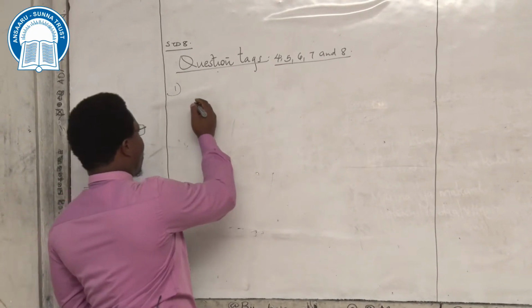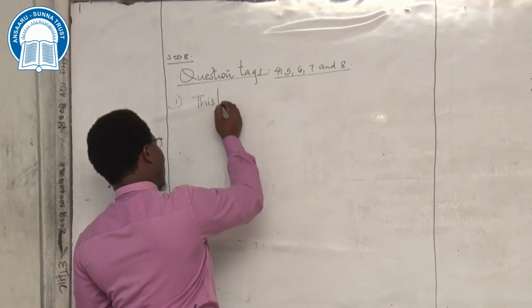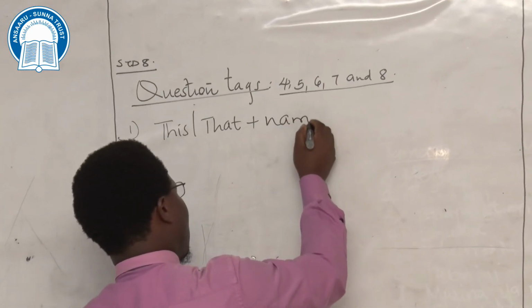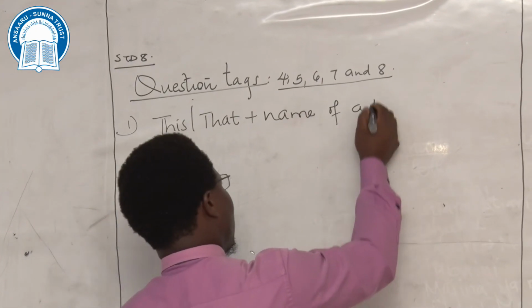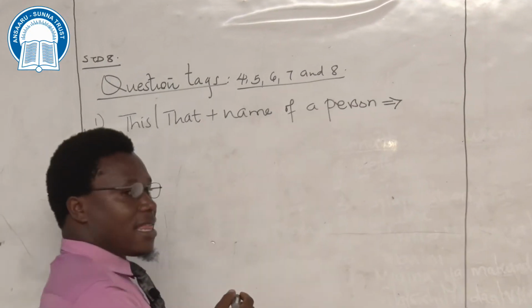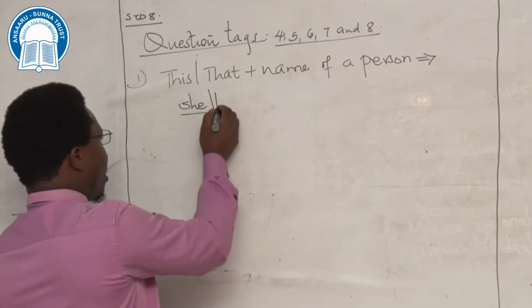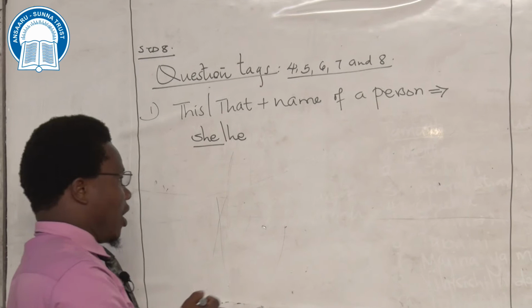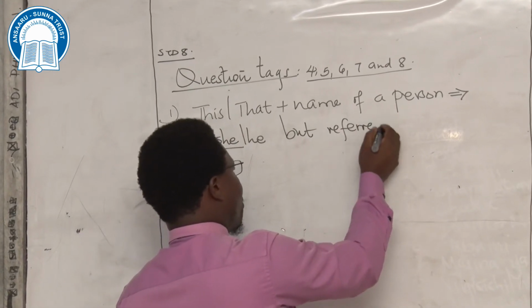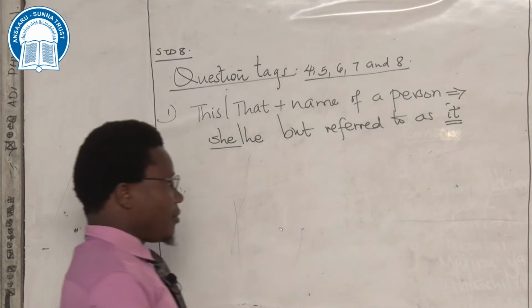One, we talked of the use of this or that plus name of a person, that this should neither be taken up by she nor he, but referred to as it.